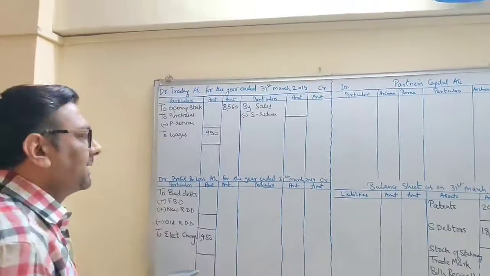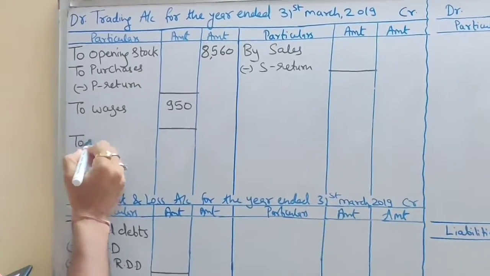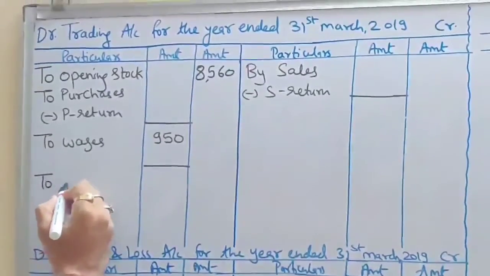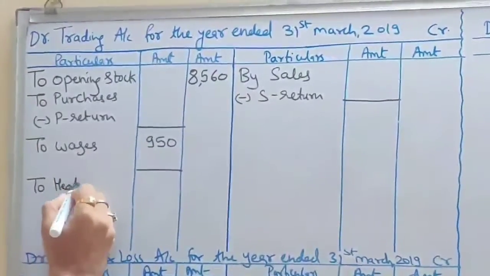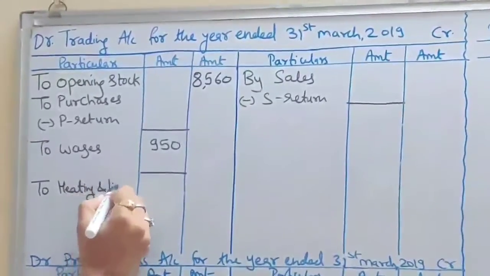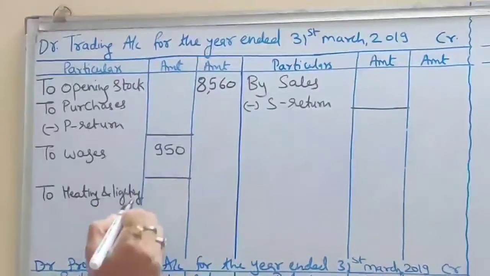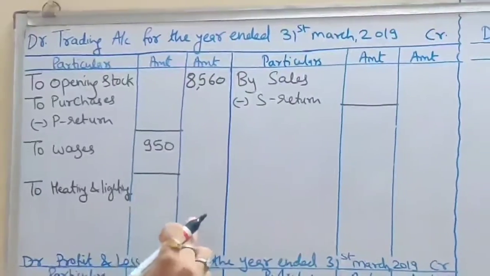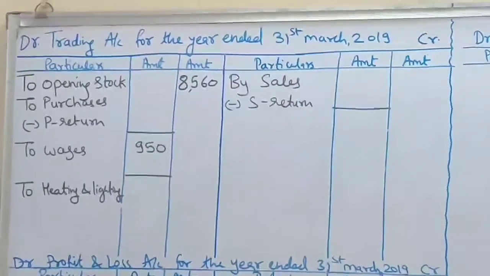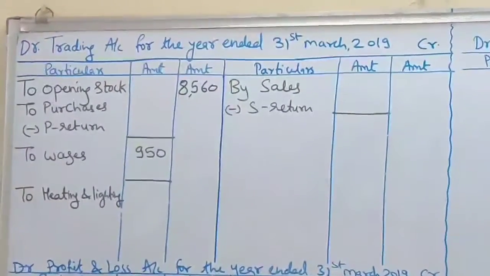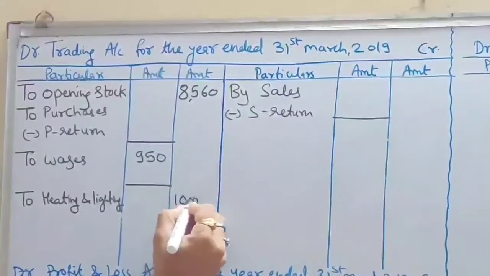It's a factory expense, so again you will write it here in trading account, heating and lighting, and the amount you write in outer column. There is no adjustment, no, so write it in outer column 1000.